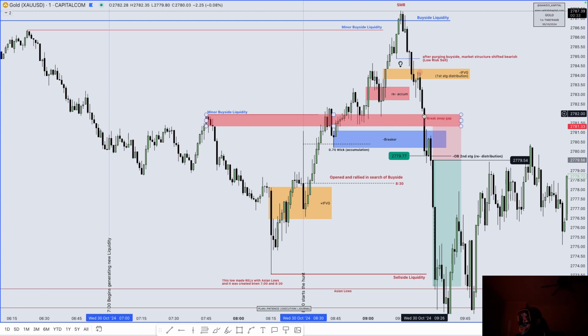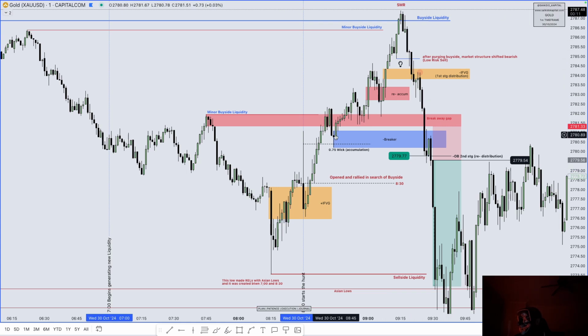Okay, so look at that area here. It painted countless times, so it takes a lot of strength for price to break such areas. This is a balanced price range. Buy side has been delivered, sell side has been delivered efficiently in this range.